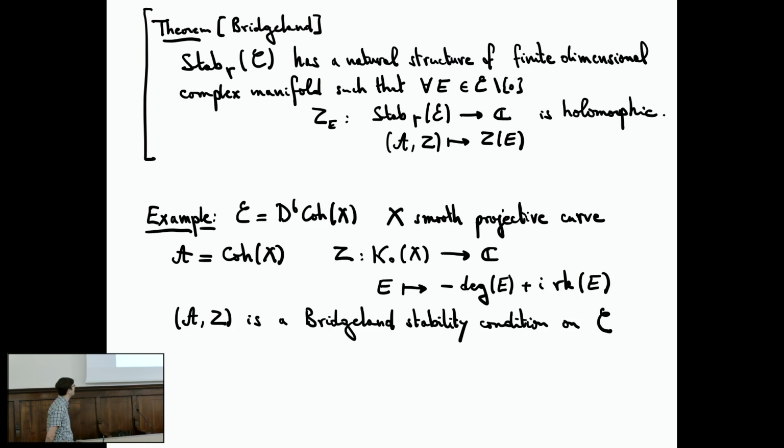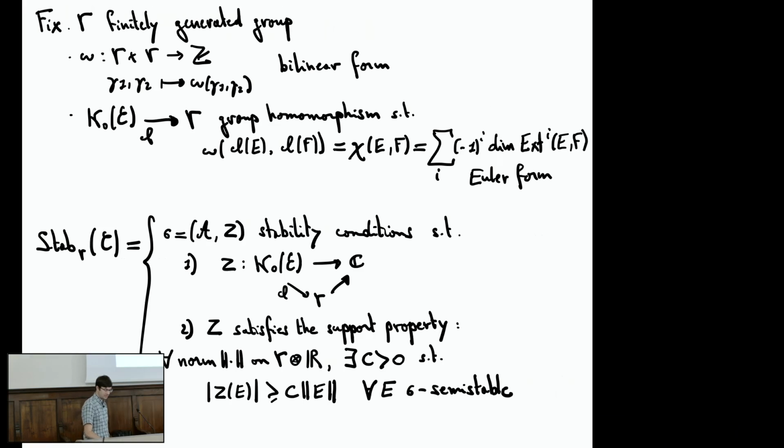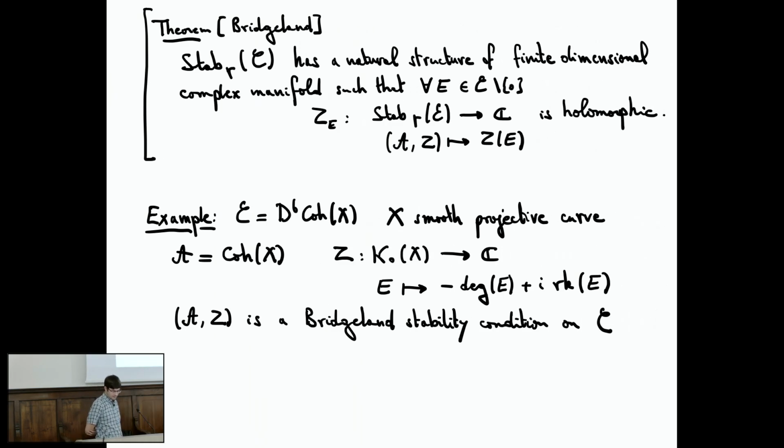And then we have this theorem of Bridgeland telling us that the set of all possible stability conditions satisfying these two finiteness properties, which factors through this lattice Gamma and which satisfies this support property, actually has a natural structure of a finite dimensional complex manifold.